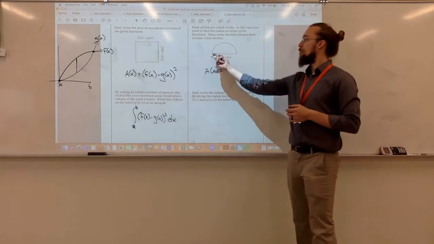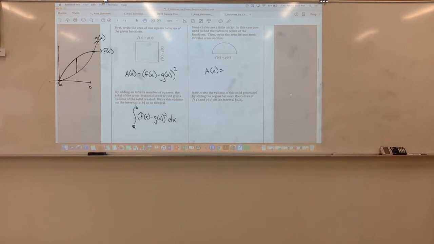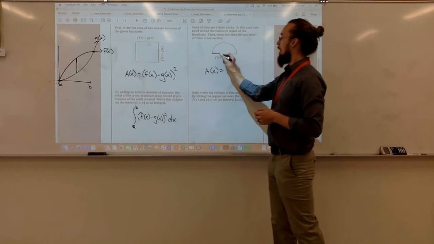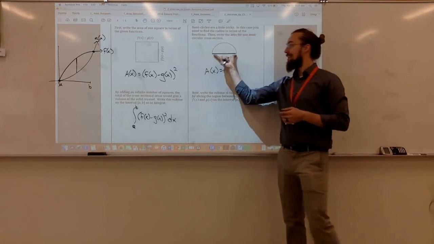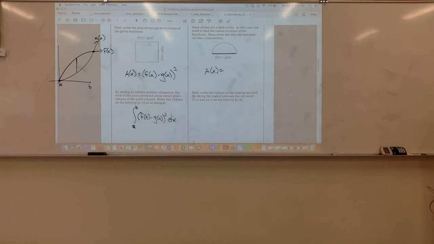So here I know this difference, right? The diameter of this semicircle is the top function minus the bottom function, f of x minus g of x. So how can I write a formula for this area of the semicircle knowing that this length, the diameter, is f of x minus g of x?